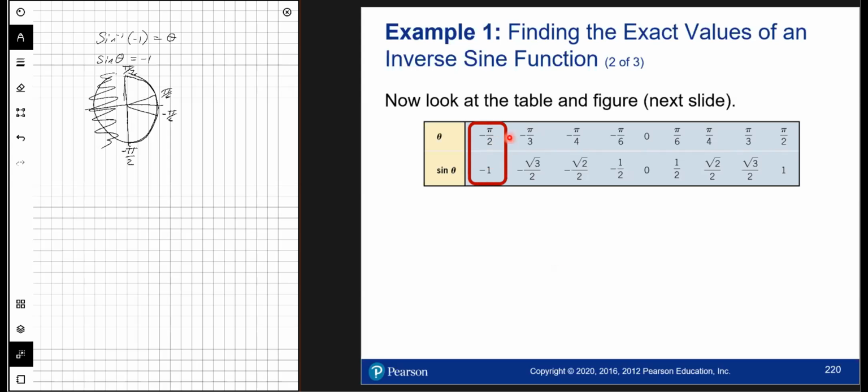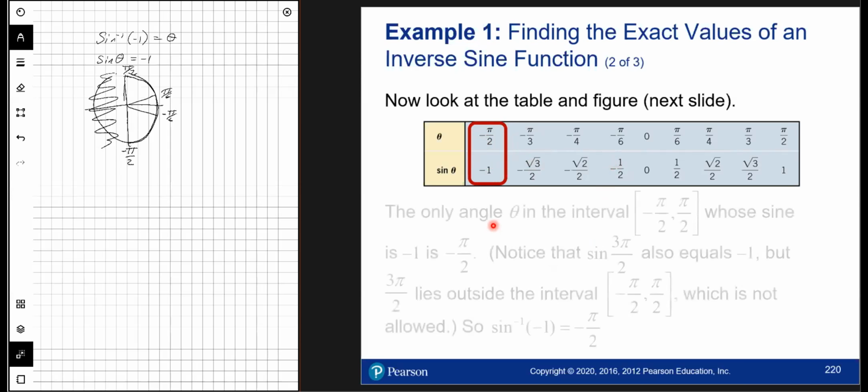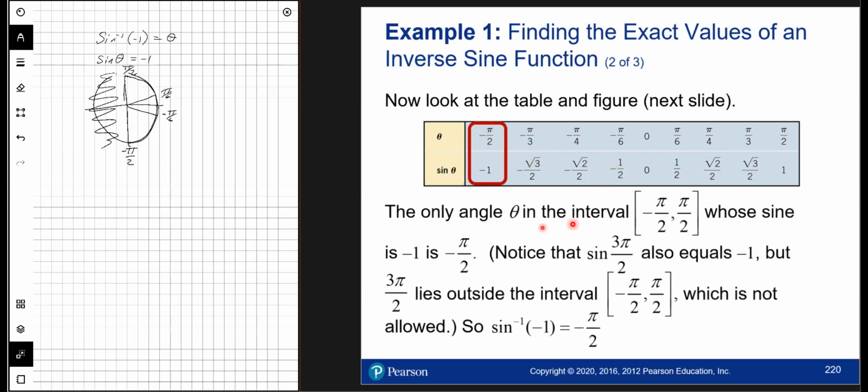Negative pi over 2, and you should know that by now. So the only angle in the interval whose sine is -1 is negative pi over 2. Please notice that 3 pi over 2 also has a sine of -1, but 3 pi over 2 is not in this interval.